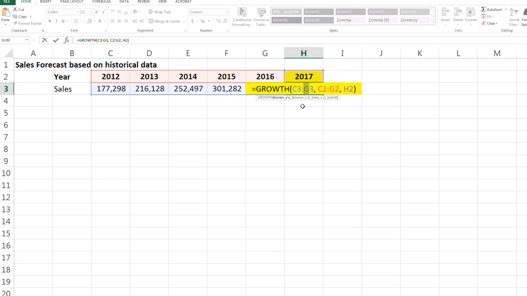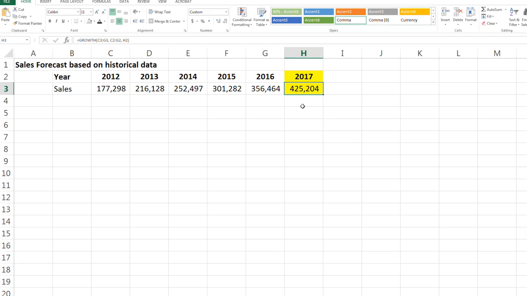The second are the x values, or the years themselves. And the third is the x value we're interested in, that is next year. Notice that the 425,000 number is higher than the 393,000 number we saw when we were using the FORECAST function. The question for us then is, which number fits the data better?